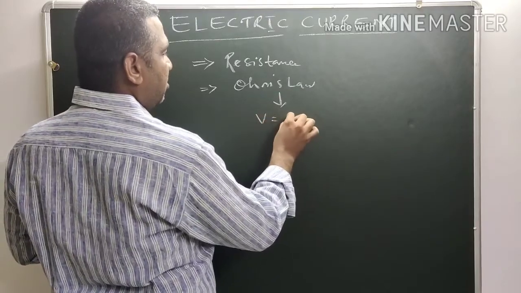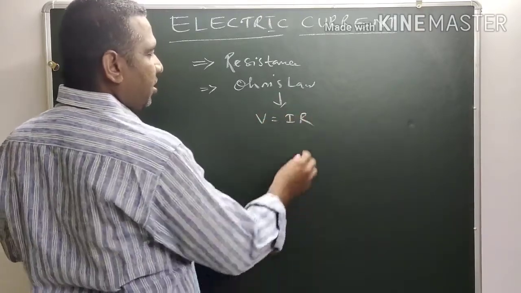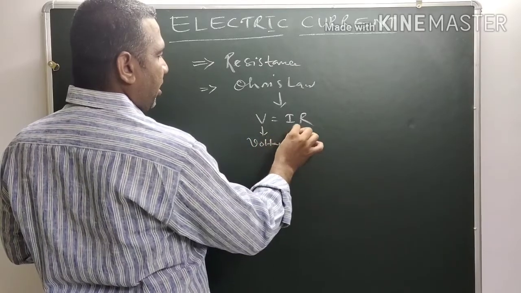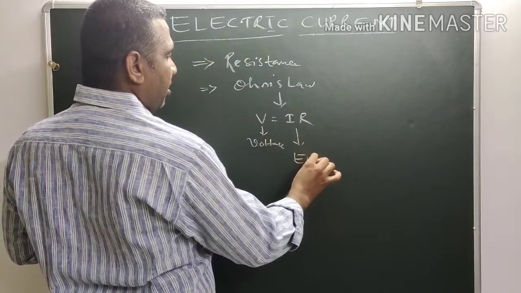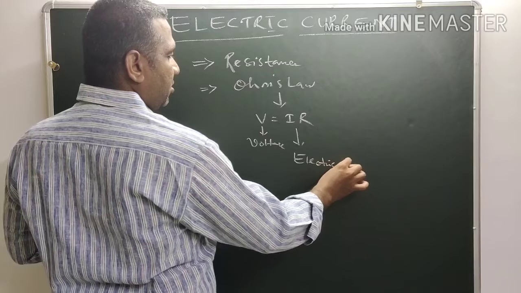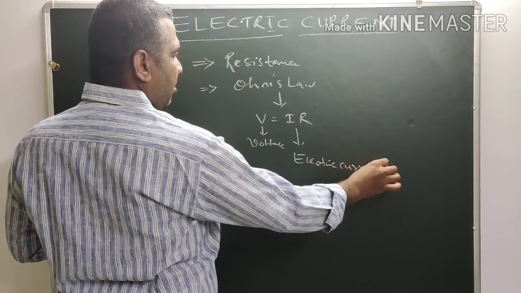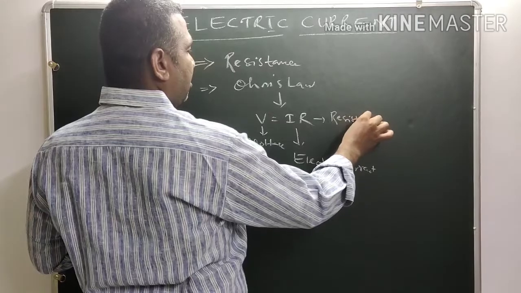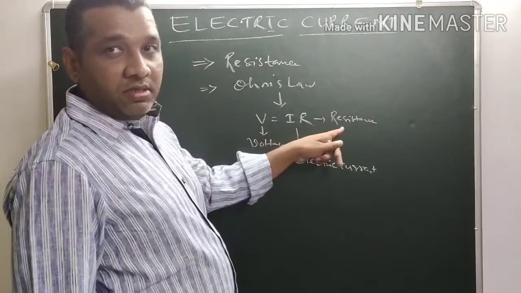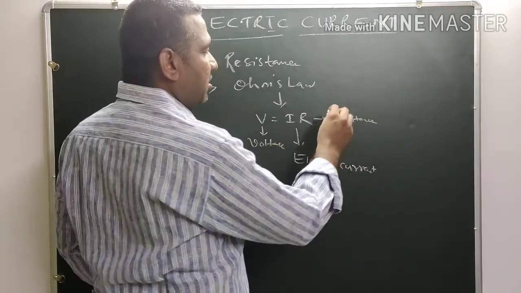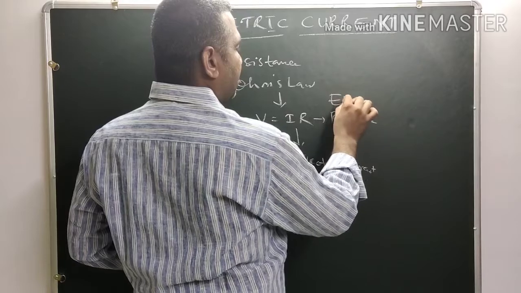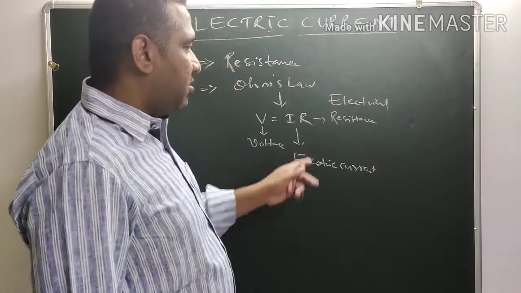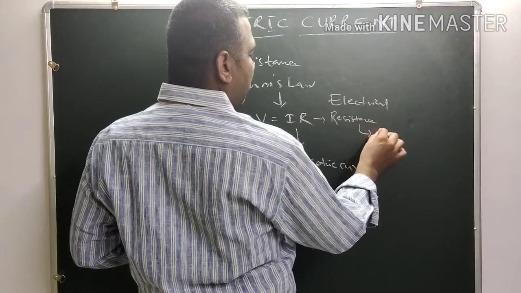The equation related to Ohm's law is V equals IR, where V is the voltage, I is the electric current, and R is the resistance. Here R is considered a constant, and the name of the constant is electrical resistance.